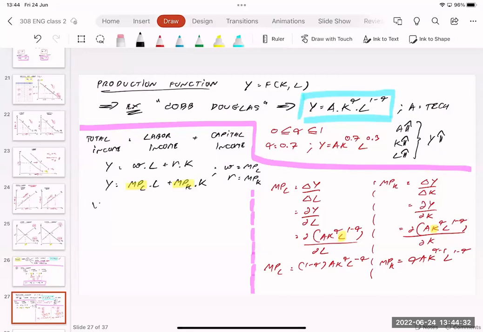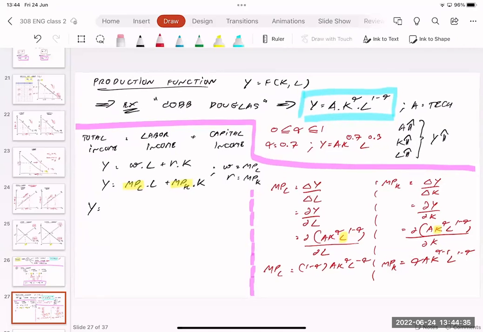Now we put everything we know into the main equation. So we get Y equals (1 minus alpha) A K^alpha L^(minus alpha) multiplied by L, plus alpha A K^(alpha minus 1) L^(1 minus alpha) multiplied by K. Here you can see we have L and L, K and K, so we can combine them together.